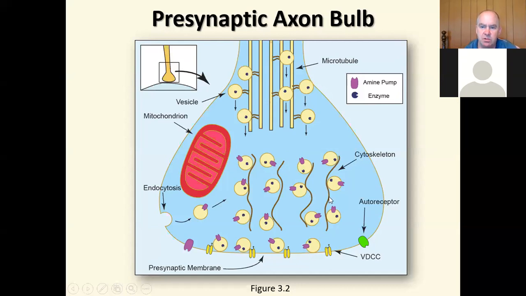These vesicles are attached to some cytoskeleton. This brown line is just some kind of cytoskeleton. The vesicles have little purple things, which are pumps, and little blue things that are enzymes. The pump puts precursors for neurotransmitter into the vesicle, and the enzyme then converts it into neurotransmitter. So this is going to fill those vesicles with neurotransmitter.